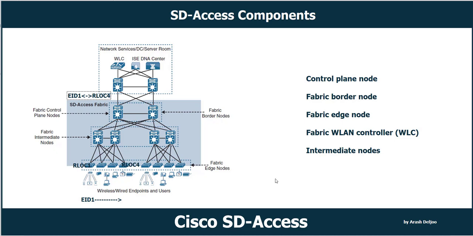I will explain, but for now, let me inform you that the fabric edge node should inform the fabric control plane node about wired clients. And also, the fabric wireless LAN controller should inform the control plane node about wireless clients. Actually, you can assume that the wireless LAN controller is the edge node for the wireless clients.